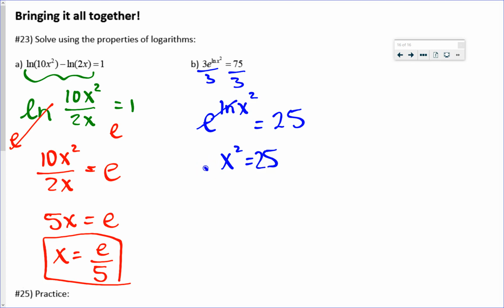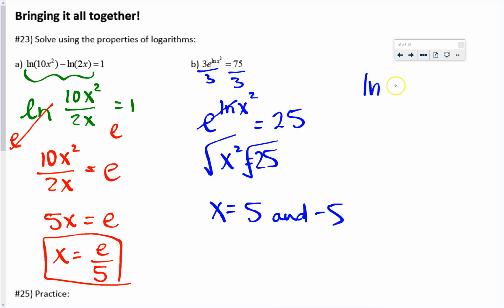Then x is 5 and negative 5. Logs do have a rule. I cannot do a log of a negative number. So if I plug negative 5 back in, I'm going to have natural log of negative 5. The reason why that cannot work, because some of you are like, oh, but it's being squared, so it turns into a positive.